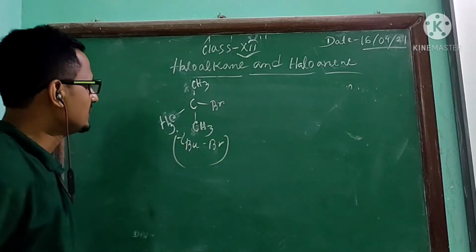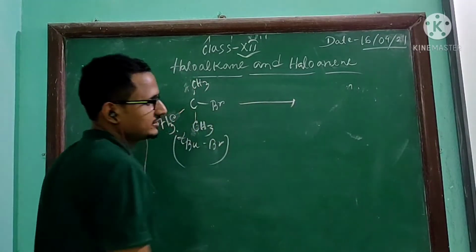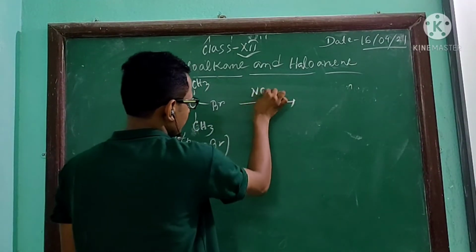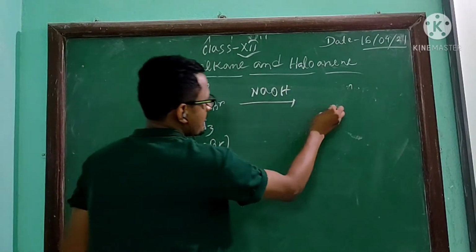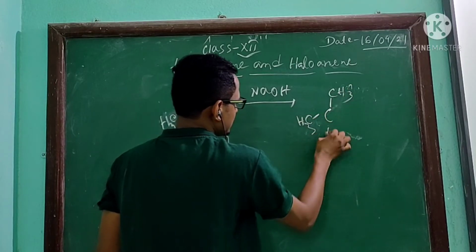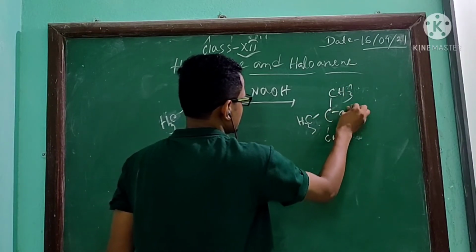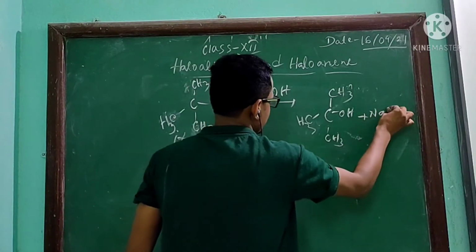When this tertiary butyl bromide reacts with a base like NaOH, it forms tertiary butyl alcohol, and NaBr is formed.